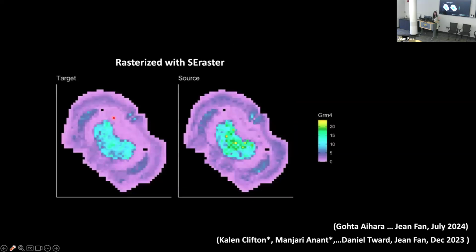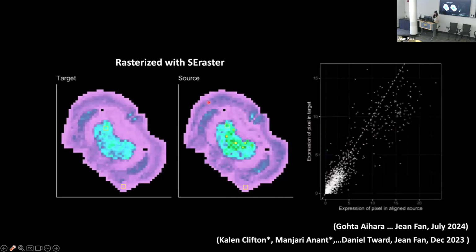But effectively, what that allows us to do is now we actually have these two aligned data sets. We have gene expression at matched locations. And we can say, at this particular pixel versus this particular pixel, what is the gene expression? And through that process, we can do this across all the different pixels.